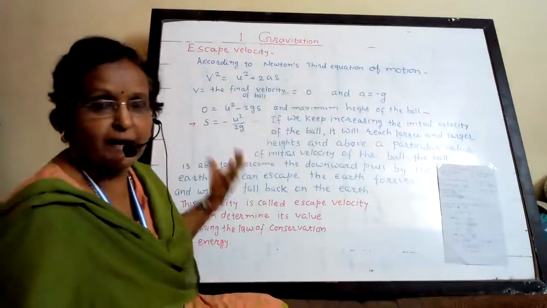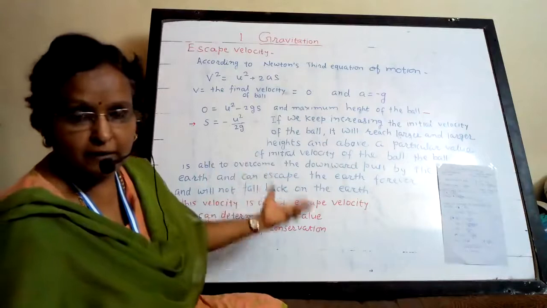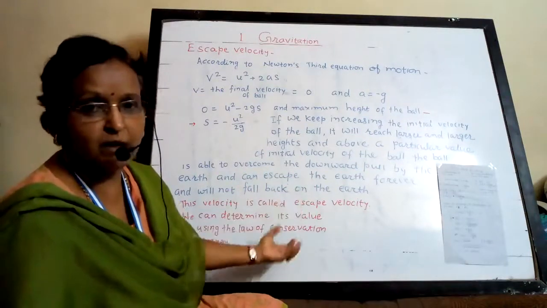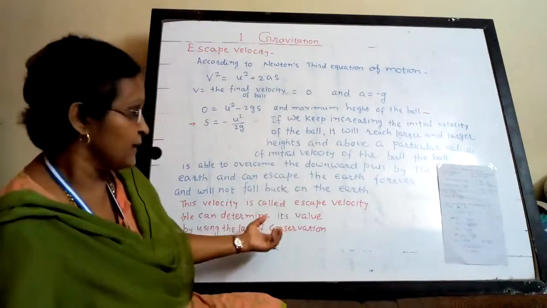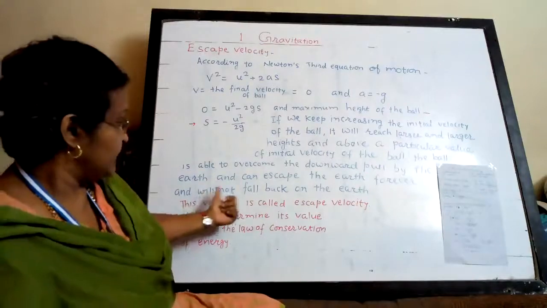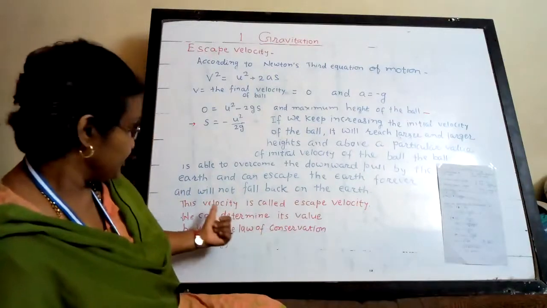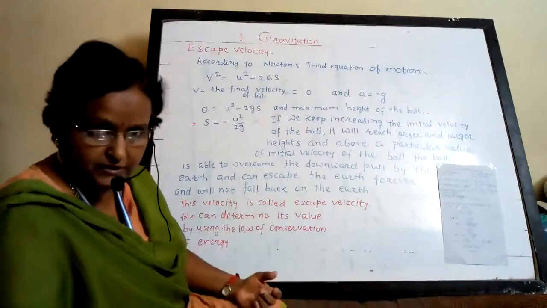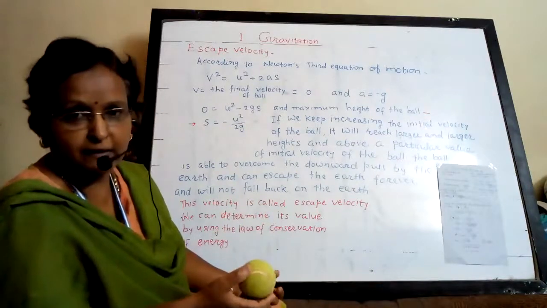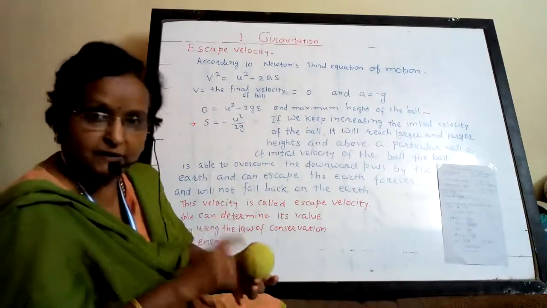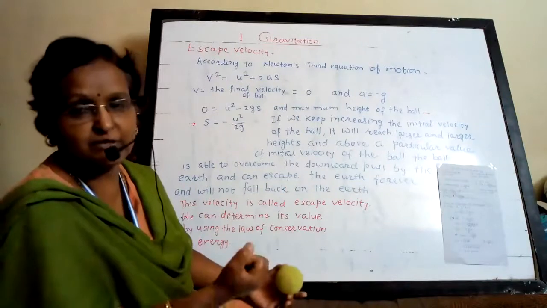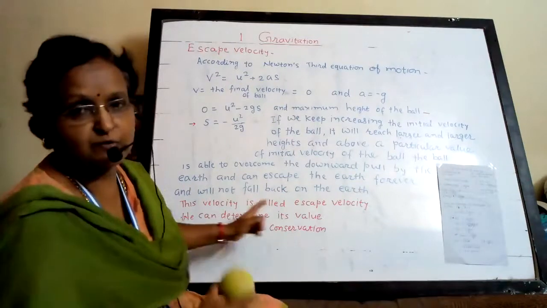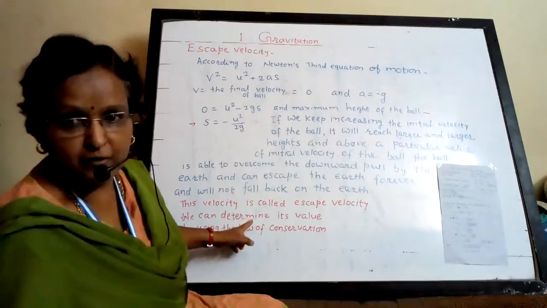It will not be attracted towards the earth and will not fall back on the earth. This velocity, which we apply so as to make the ball escape the gravitational pull, is called the escape velocity.